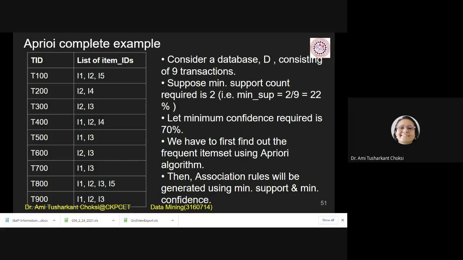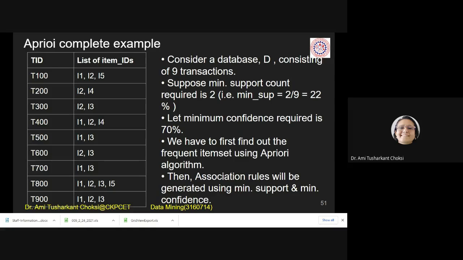Candidate set we will find, then we'll apply the minimum support rule, we'll find the frequent item sets, then we'll derive the rules, we'll check whether the confidence of the rule is greater than or equal to minimum confidence or not, and if it is so, we will accept those rules. Fine. So let us see the example.